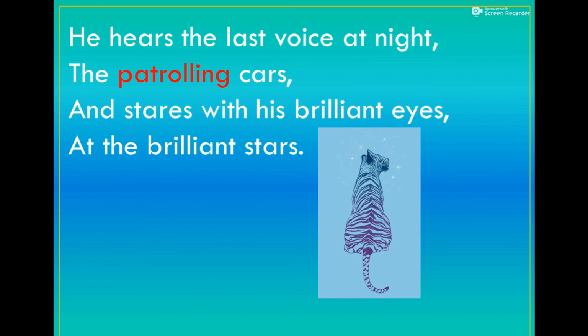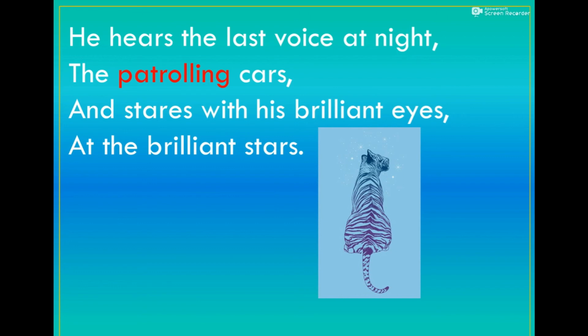At night, he hears the sound of patrolling cars which guard and take rounds in the zoo. He helplessly and sadly looks at the shining stars with his shining eyes, which are hopeful of living freely in the jungle. He wishes to live freely in the jungle one day.